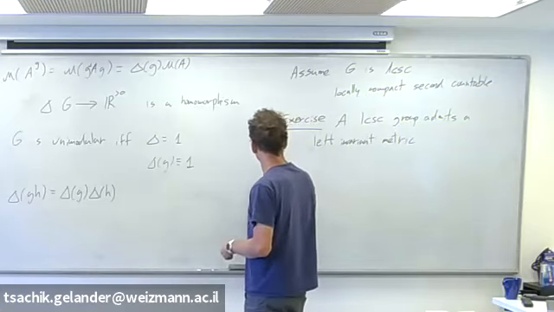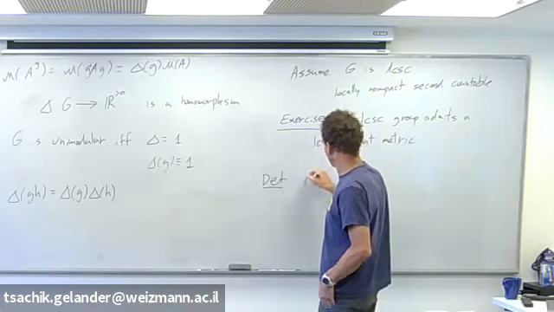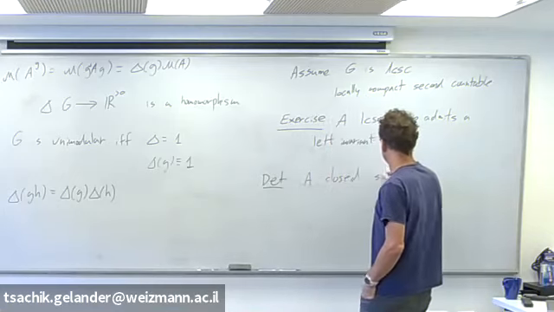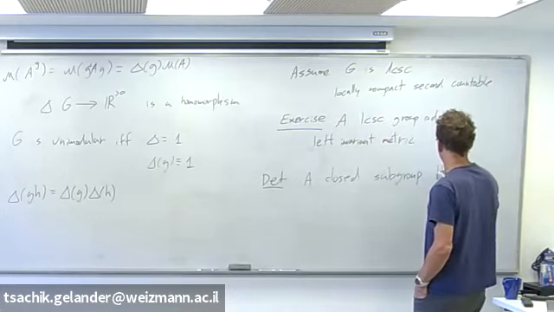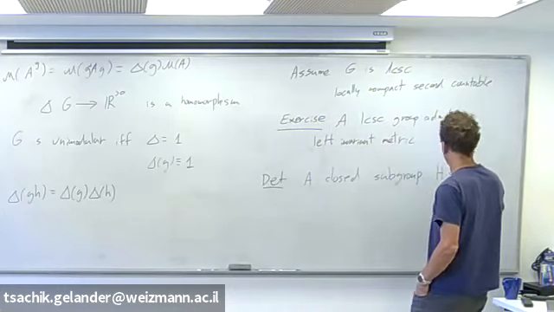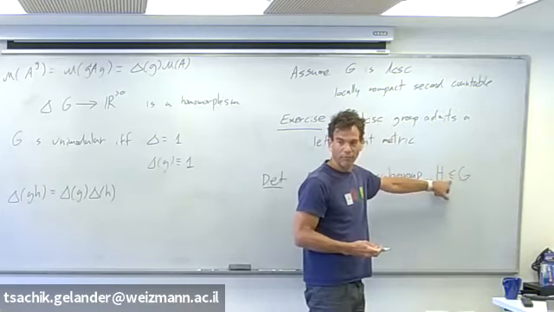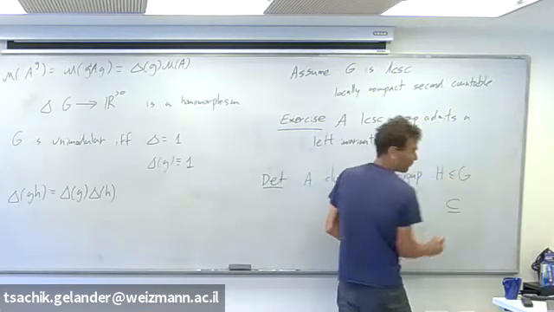Okay, so definition. A closed subgroup H of G is called cofinite if the homogeneous space G mod H... By the way, I use this notation to denote subgroup, and this notation to denote subsets.